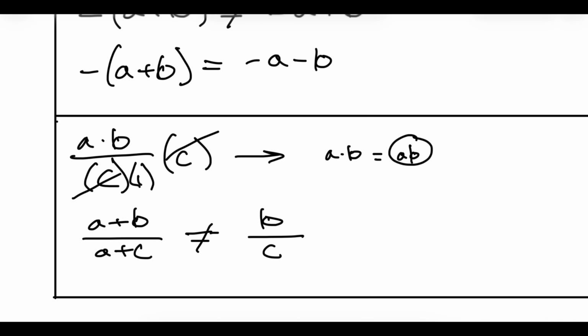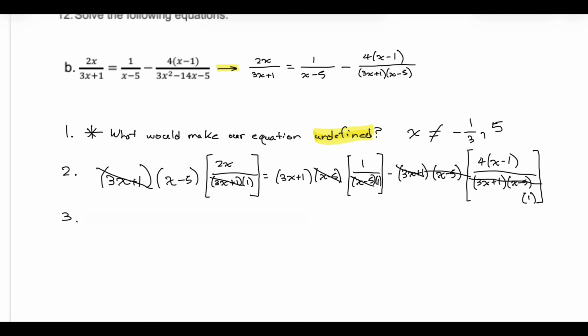And if we have a plus b over a plus c, there are parentheses around these, so it cannot equal b over c, because this is added and not multiplied. So that would not work. Alright, now that I've shown you that, let's continue, and we're going to rewrite this so that there are no mistakes.